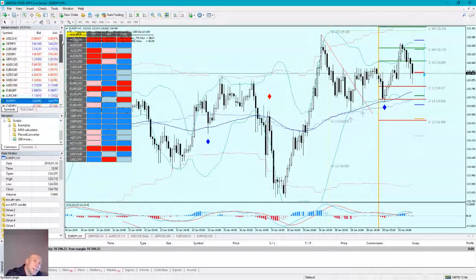I'm not saying they're not good during London and New York, but if you're trapped in a trade, for example you open a trade during London session and didn't take the profits, the trade might reverse and hit a stop loss before proceeding to the upside. That happened to me yesterday, guys, on GBPJPY. I was long exactly where this arrow is. That's my entry.